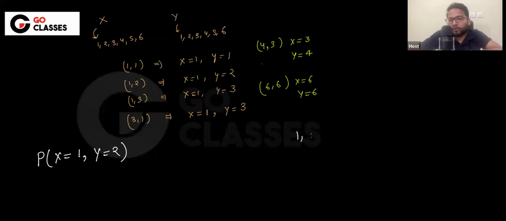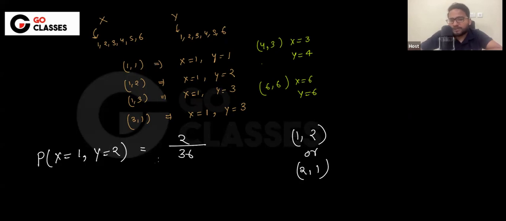Whenever you get 1 and 2, right? Or you get 2 and 1, then also x is 1 and y is 2, isn't it? So basically, out of 36 combinations, 2 combinations are there where x will be 1 and y will be 2, right?